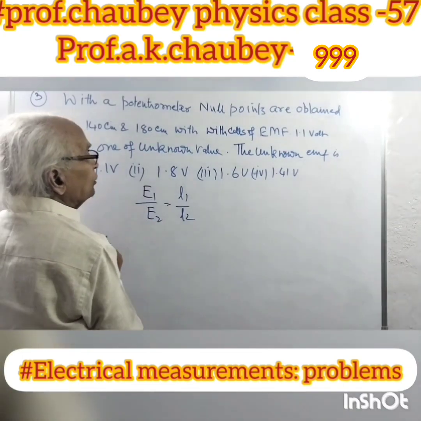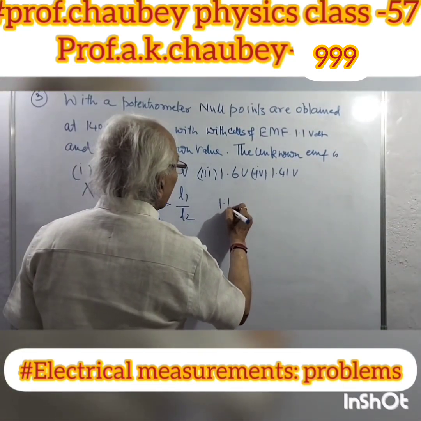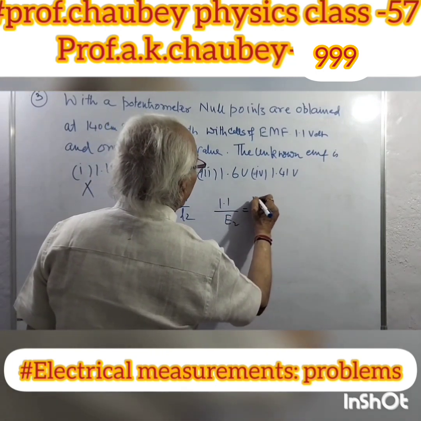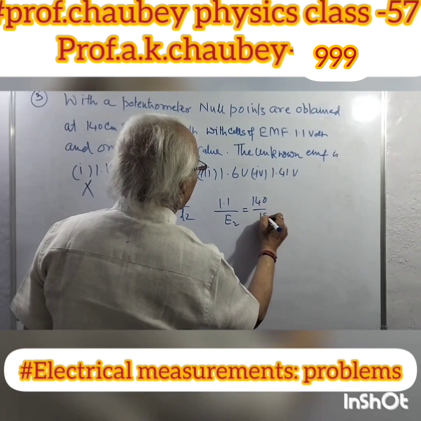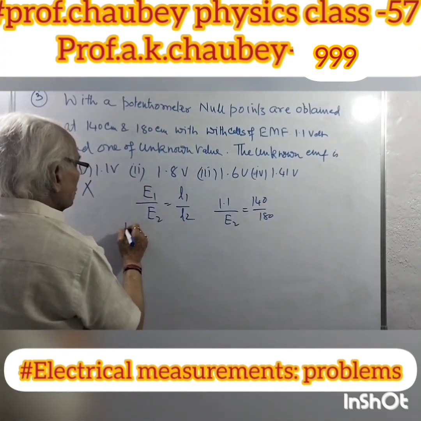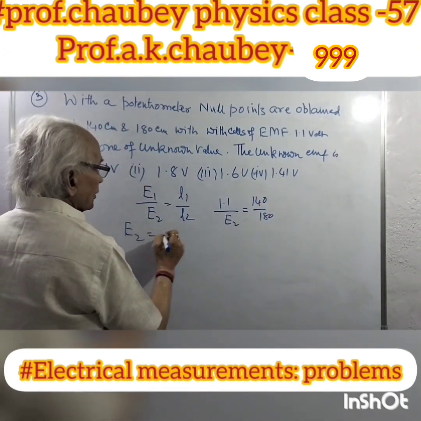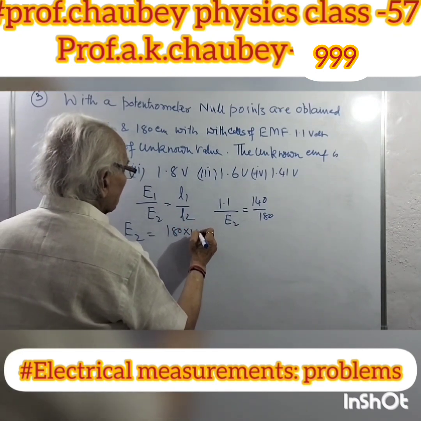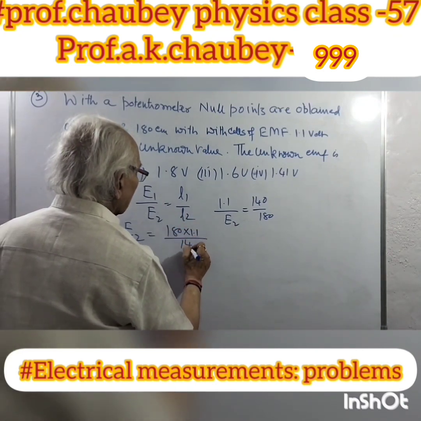So E1 upon E2, where E1 is 1.1 and E2 is unknown, is equal to L1 upon L2, 140 divided by 180. So E2 is equal to 180 into 1.1 upon 140.